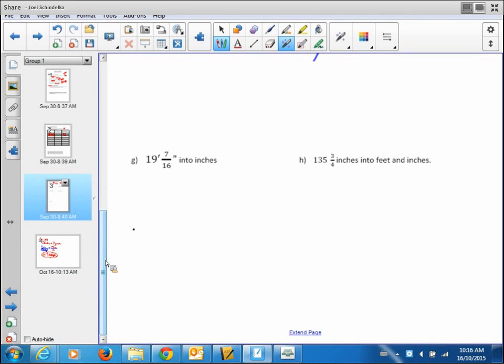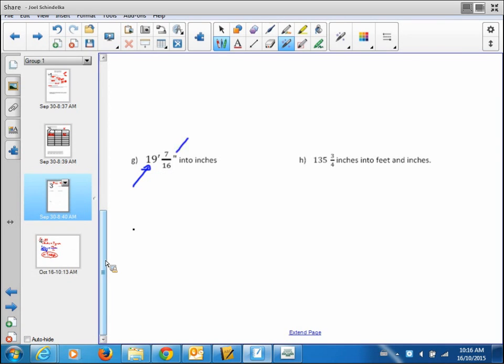But this one, we got to keep the fractions on here because it's into feet and inches, or else this one here is just inches. Well, to do this one, and we'll do something like H, but just to explain this one, all you'd have to do with this G is convert the 19 feet into inches.